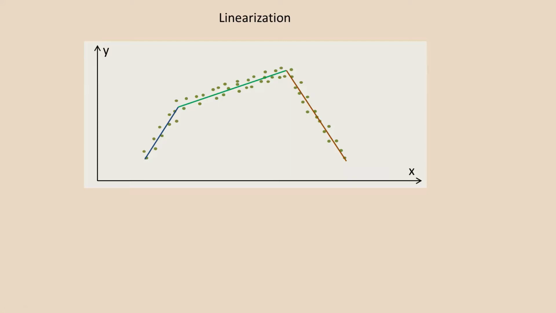So if we identify 3 ranges for our input variable x, something like this, and apply our linearization separately to each of these ranges, we can build 3 linear regression models. Model for AB, for BC, and for CD ranges.